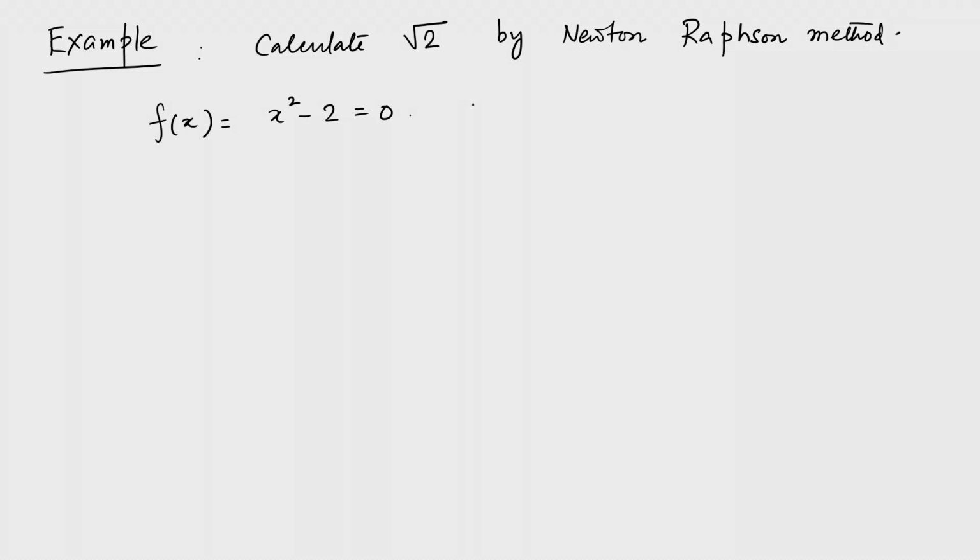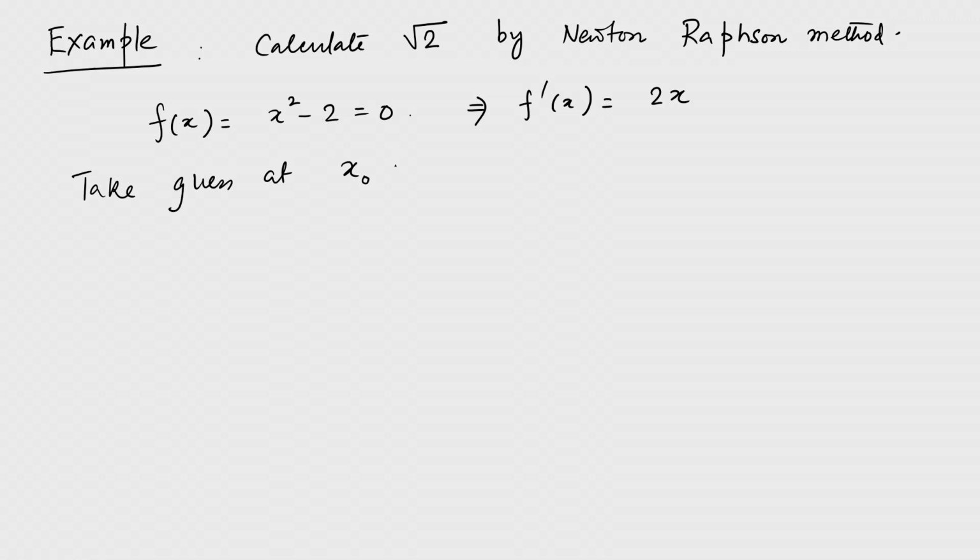Now, of course, f prime of x is equal to 2 x. If I take the guess as 1, that is the first value we have taken, say call it x 0, the 0th value, it is equal to 1.